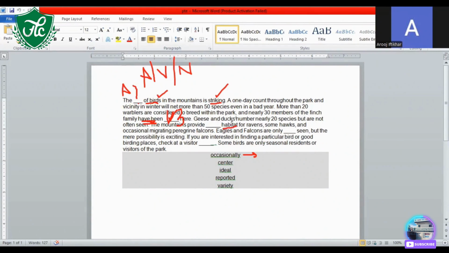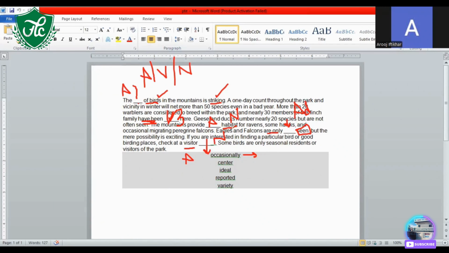Habitat is a noun, and by the collocation rule, we are again going to have an adjective. Eagles and falcons are only dash seen. Seen is a verb, and before a verb, of course, we will have an adverb. Check at a visitor. Visitor is the noun here, and as per the collocation rule, we are going to have a noun here.